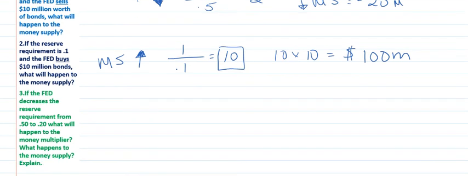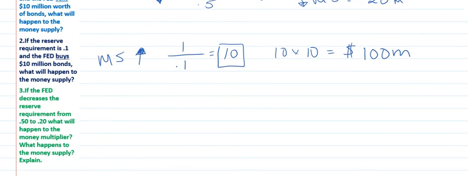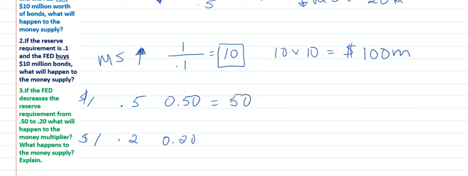All right, last but not least, if the Fed decreases the reserve requirement from 0.5 to 0.2, what will happen to the money multiplier? If a dollar goes into a bank here, 50 cents of it has to be held. If a dollar goes into a bank with a 20% reserve requirement, we know that only 20 cents will be held. In this case, it can only loan out 50 cents.